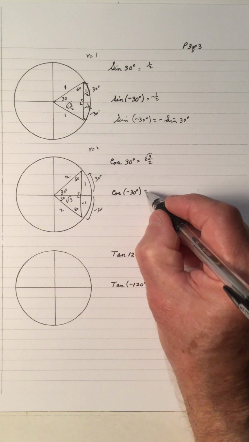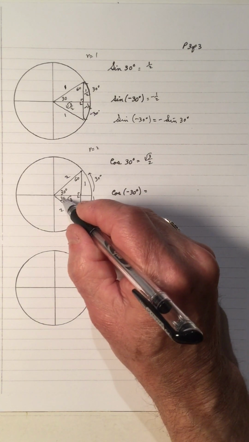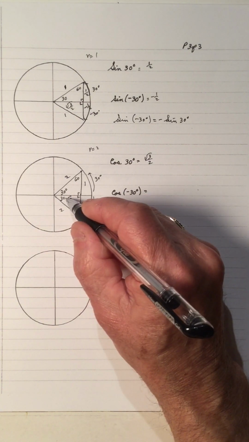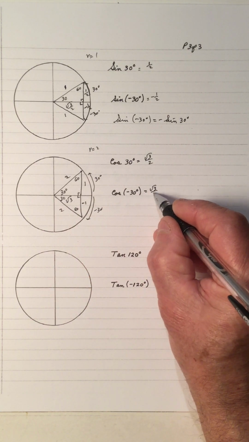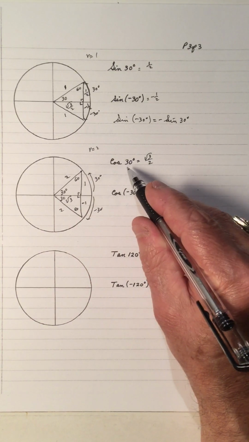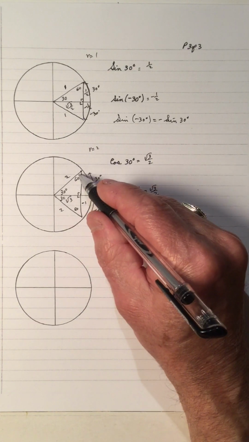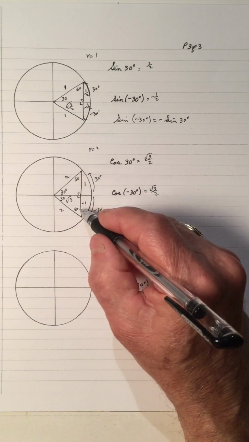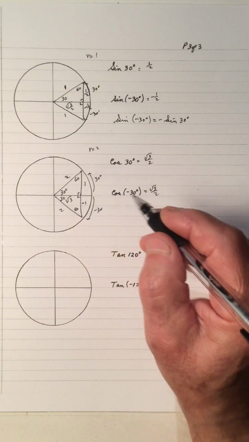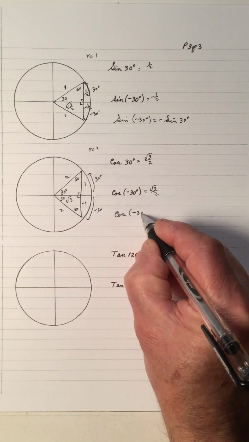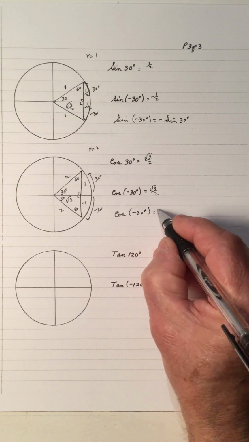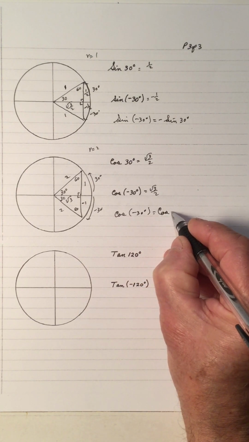So the cos of negative 30, which is this reference angle here, cos is the adjacent over the hypotenuse. And notice cos is positive in 1 and positive in 4, because cos is the x. So that means, as we illustrated before, the cos of negative 30 is equal to the cos of 30.